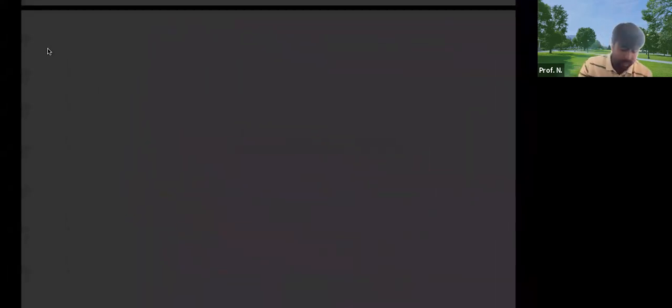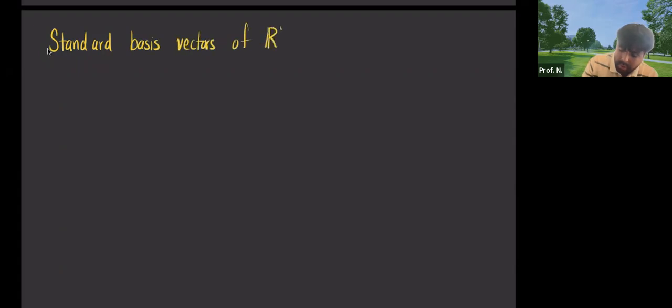Okay. So the next thing we have to talk about are called the standard basis vectors of Rn. Pretty heavy here, because there's tons to say about what it means to be a standard basis vector.